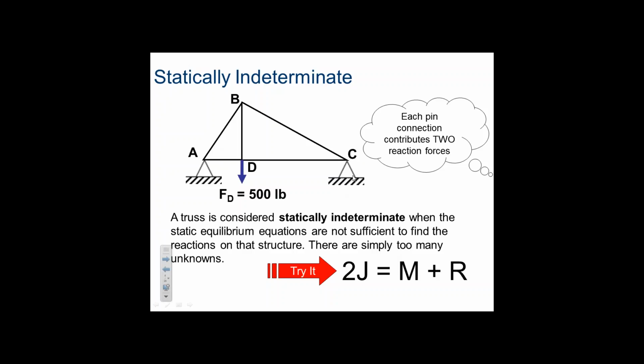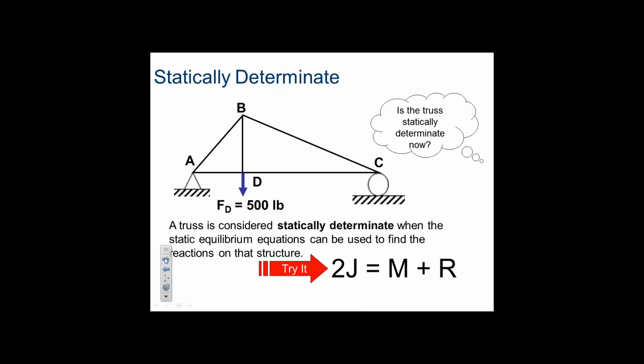So it has 2 potential reaction forces, as does this one, 2 more potential reaction forces. So we are now at 8 equals 5 plus 4. So we know that we're in trouble because 8 is now not equal to 9. The thing that we could do to make this statically determinate is to alter this right side of the formula by removing one of the reaction forces by changing this to a roller.